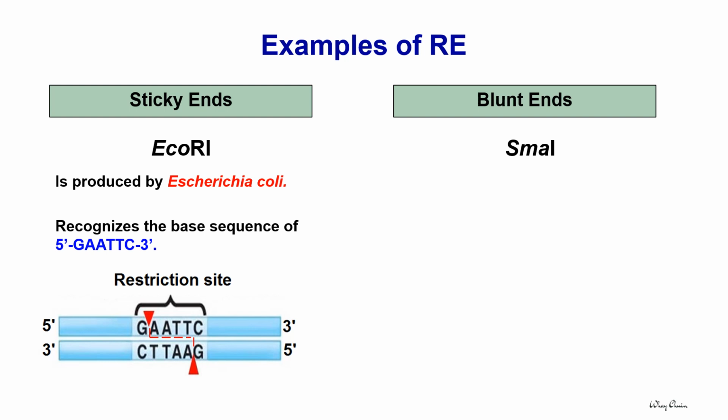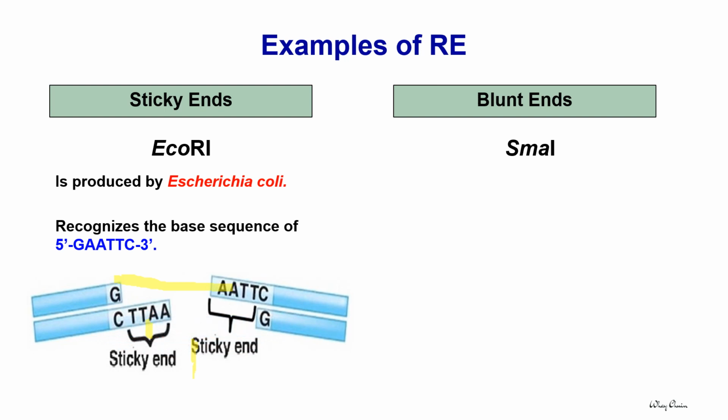And it will cut in a zigzag way between the guanine and adenine from 5' to 3'. The complementary strand also is cut between the guanine and adenine from 5' to 3' because the restriction site is palindromic. So now the cut open DNA will show us the sticky ends.